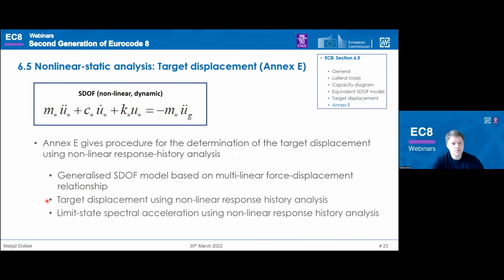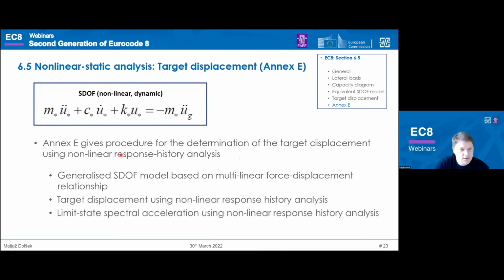Okay, if we go now to the target displacement, how it is introduced in Annex E. Basically, the idea of Annex E is to define everything to solve this equation, which means that it's a generalized single degree of freedom model, and it's not necessary that it's a bilinear force displacement relationship, but it can be multilinear.